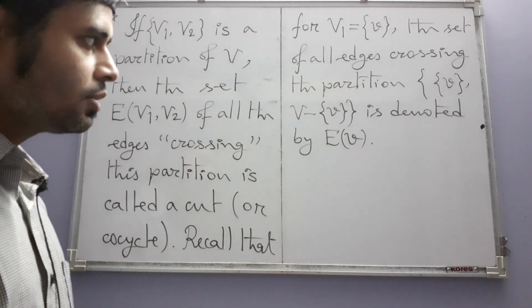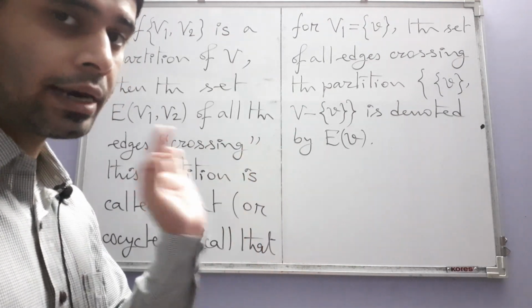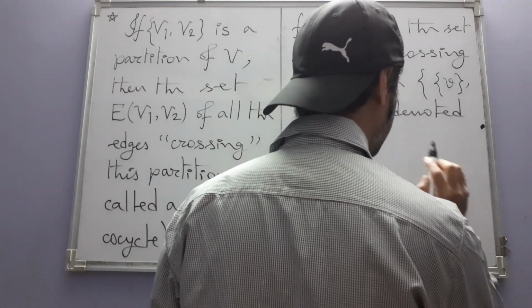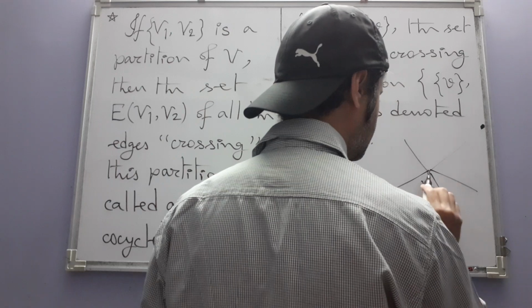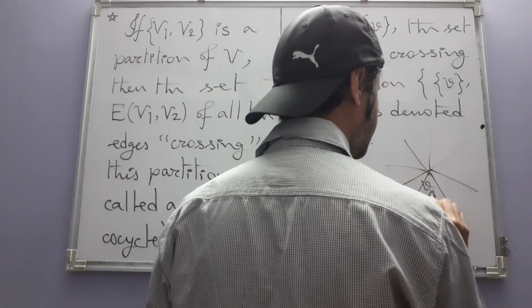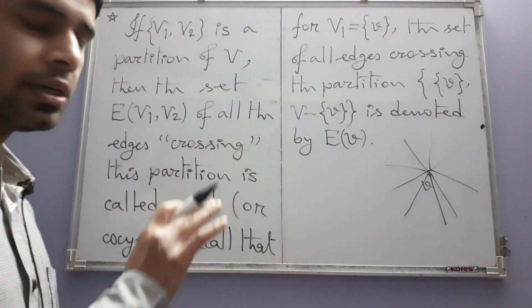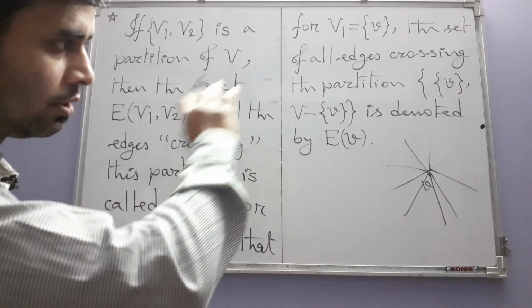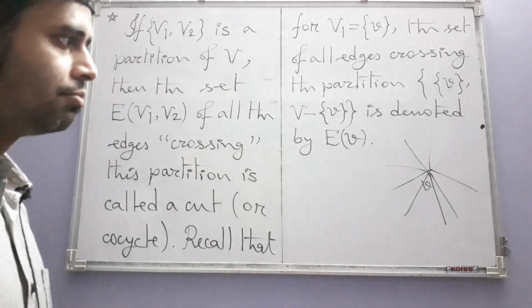This is nothing but the set of all edges at the vertex v. That means, say this is our v, so it is the set of these edges. Whatever edges we have in G that are incident with this vertex are collected together and their set is E(v).